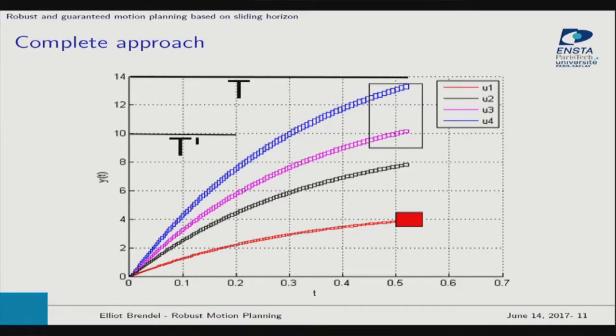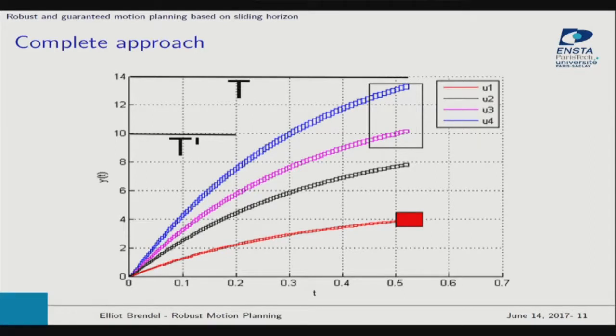So in this loop, we will test if each trajectory satisfies the constraint and minimizes the cost. So, for example, at first there's a trajectory u1. So here the robot meets an obstacle, so it's not a validated trajectory. And then we test u2, so we can keep it, and we keep its cost.